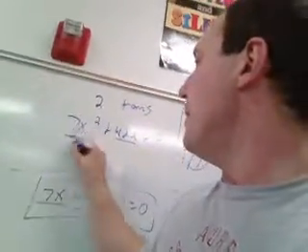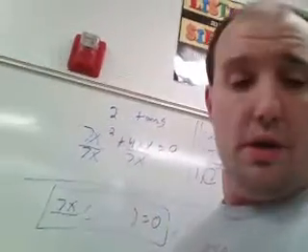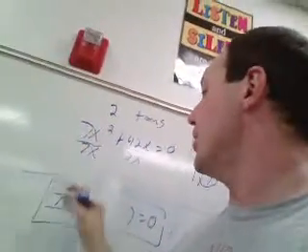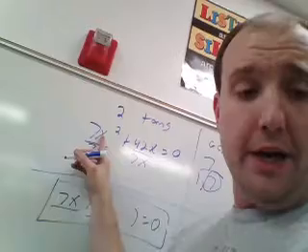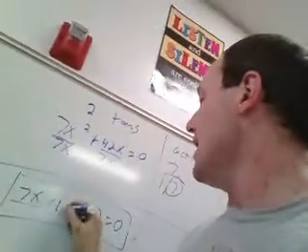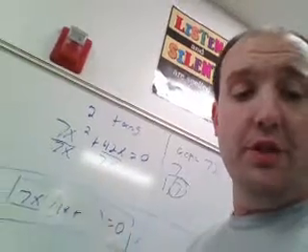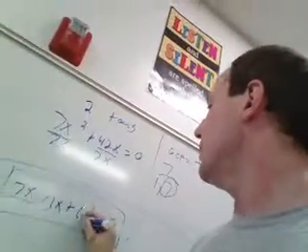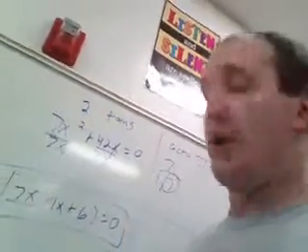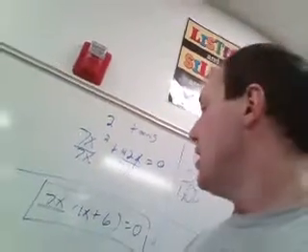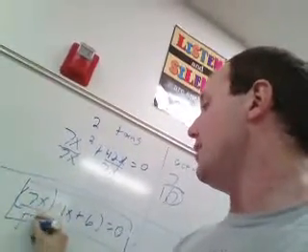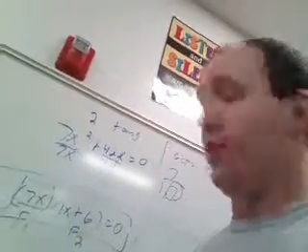Then I divide by 7x. So 7 divided by 7 is 1. X squared divided by x is x. And then 42 divided by 7 is 6. Then x divided by itself cancels. So that's factor 1 and that's factor 2.